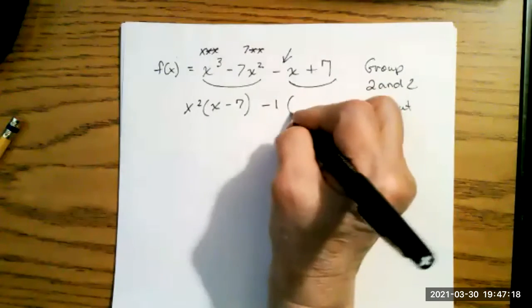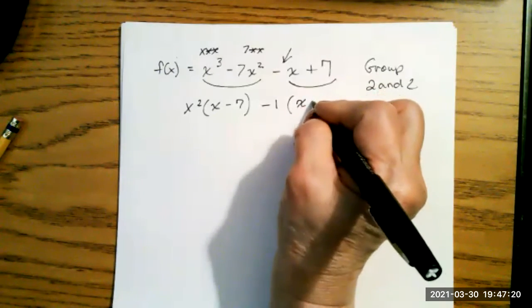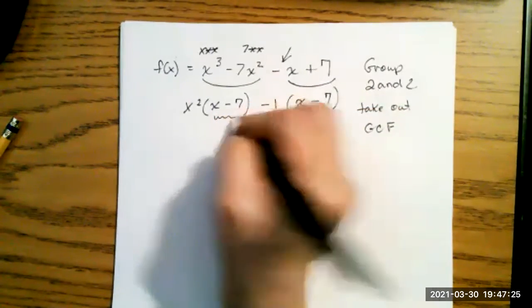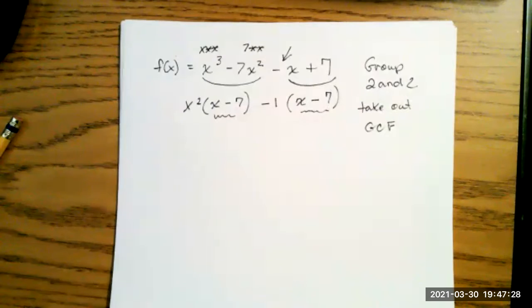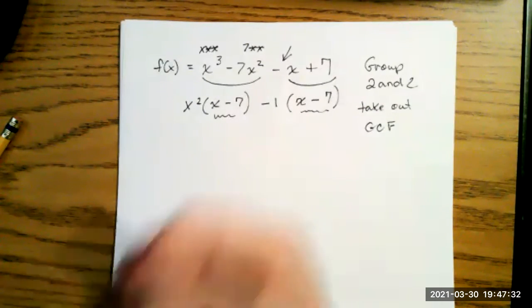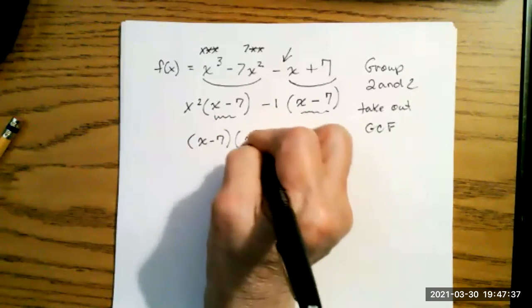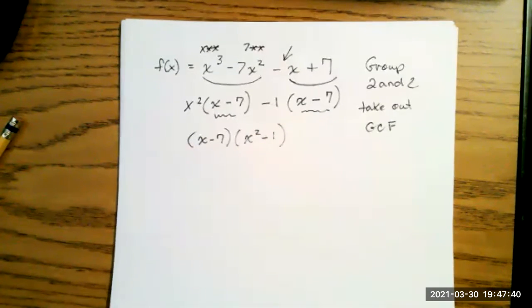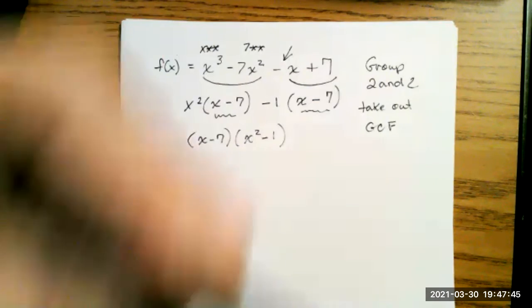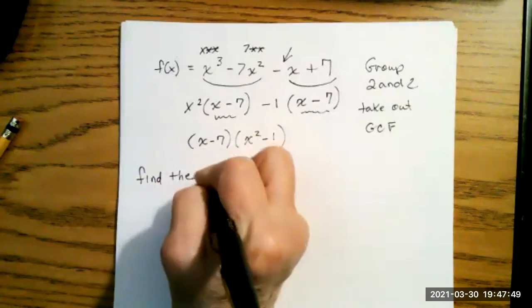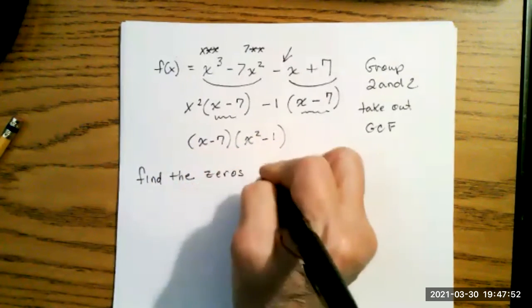Negative 1, and when you do, it's going to make it x minus 7. Now remember, we're trying to get these two little groups to look alike. Once they look alike, we are in good shape. So we have x minus 7 times x squared minus 1. Okay, we are trying to find the zeros. And the multiplicity.